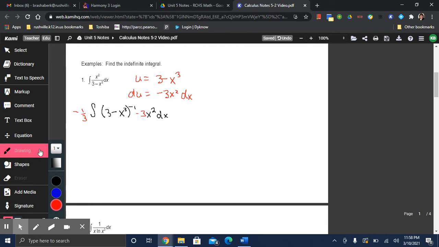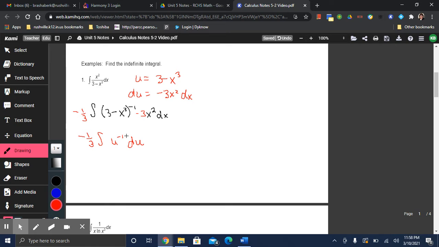And in doing that, we've created negative 1/3 times the integral of u to the negative 1. And then all of this is du. So until you get used to this, you may think to yourself, oh, I'll do the power rule.